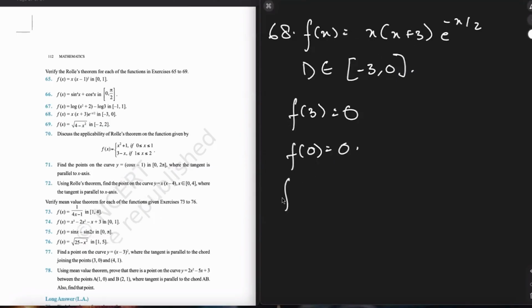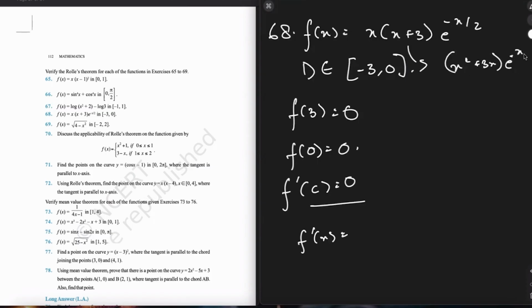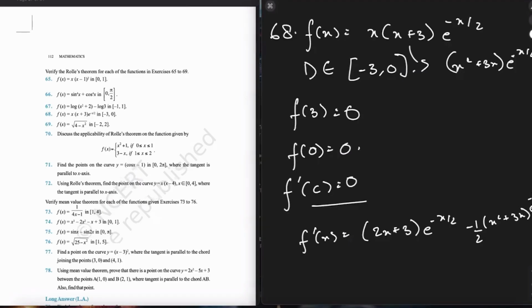Now we just have to find the c such that f dash c equal to 0. So how can we do this? I'll just differentiate this whole term with x. So on differentiating, I get (2x plus 3) e raised to the power of minus x by 2 and minus 1 upon 2 (x square plus 3x) e raised to the power of minus x by 2.